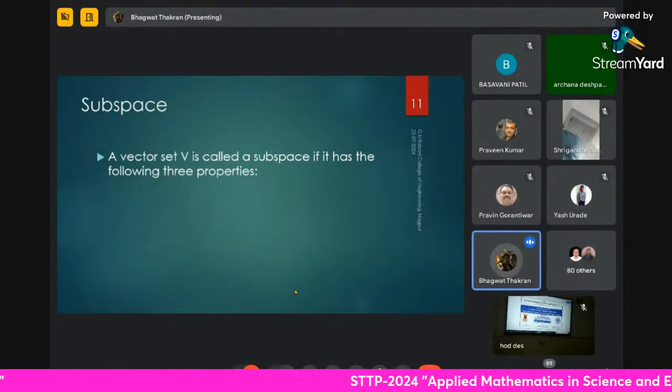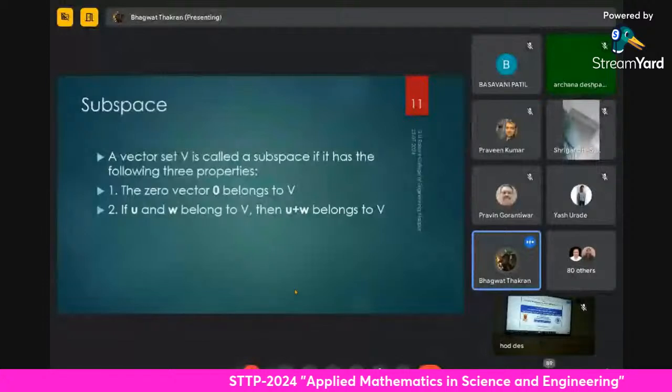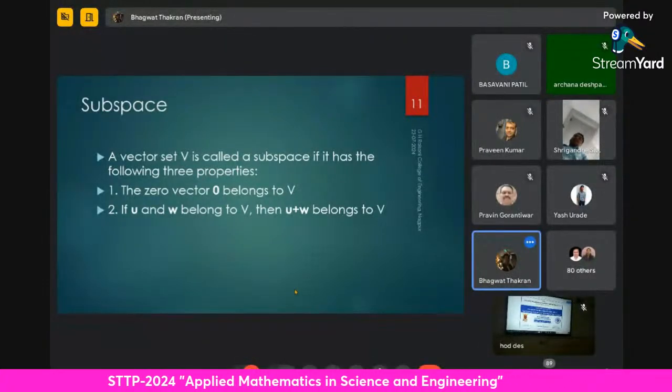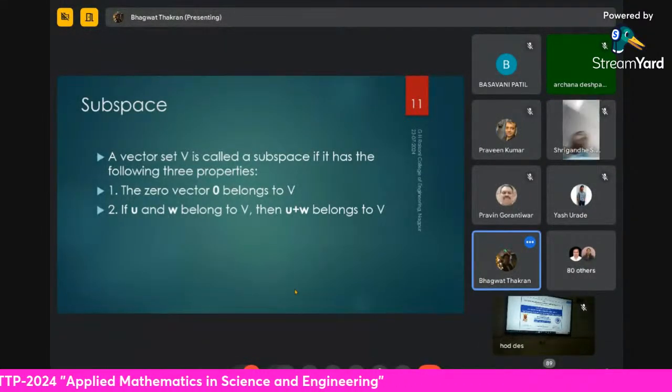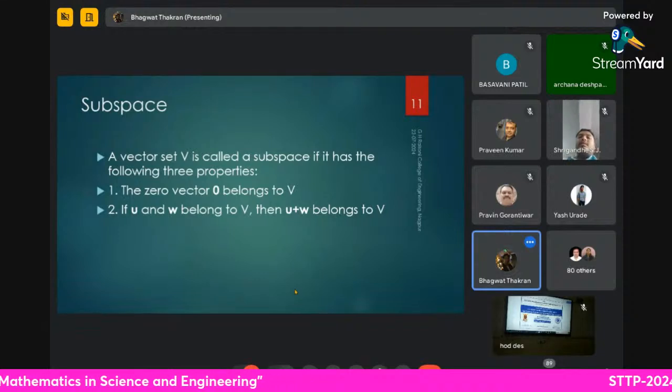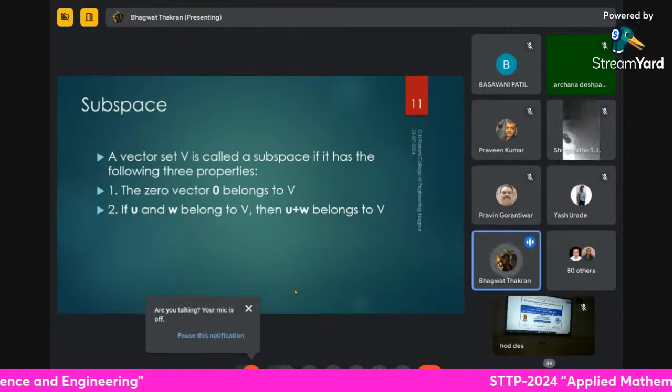It should satisfy just three properties. The first is that the zero vector should belong to the subspace.